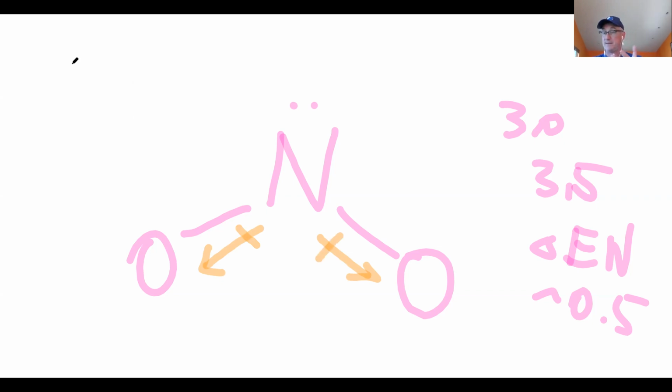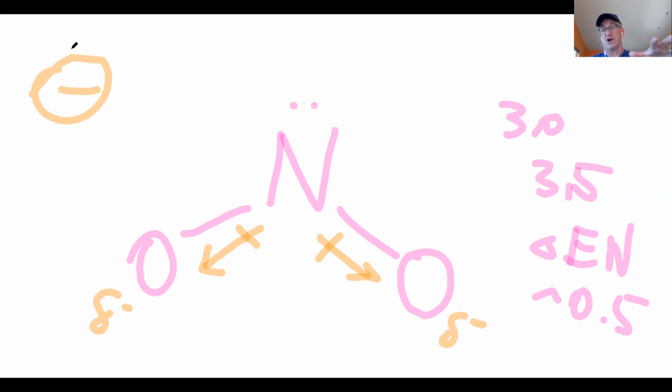So that means that my oxygens are going to be slightly, and I mean very slightly, more electronegative and slightly more charged. But also remember that there's an extra electron floating around here. So this dipole difference would be a little more than normal because there is an extra charge.